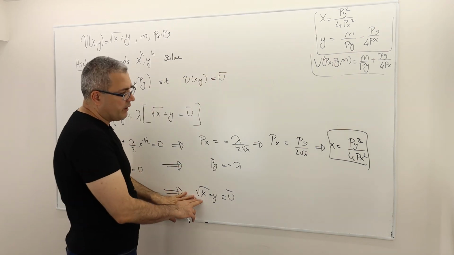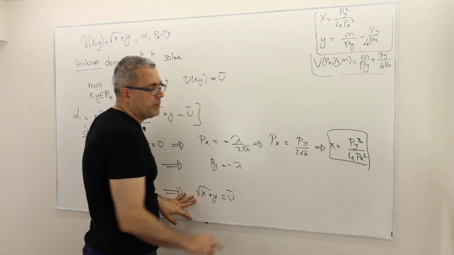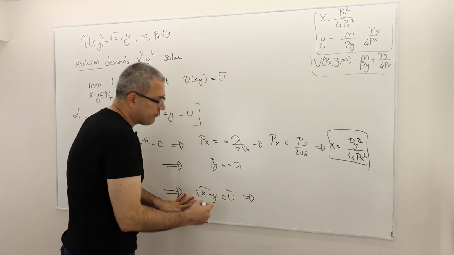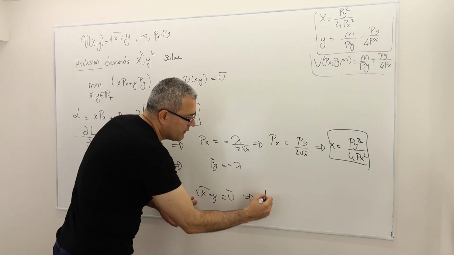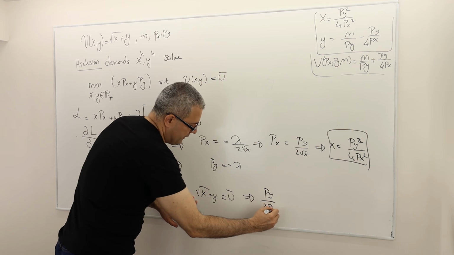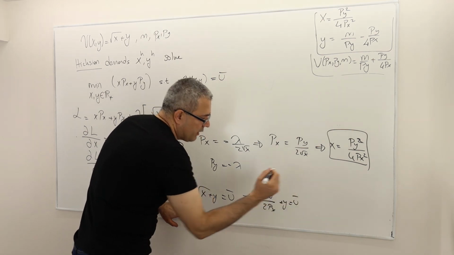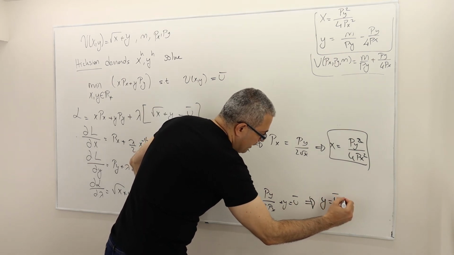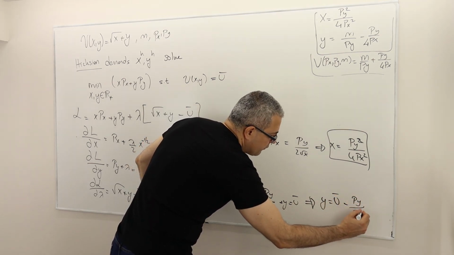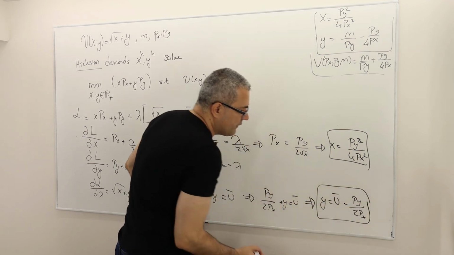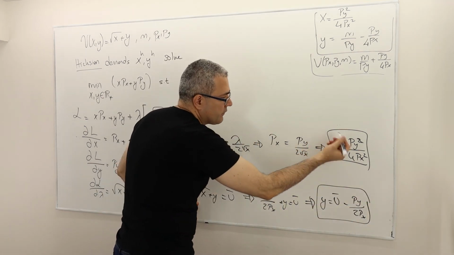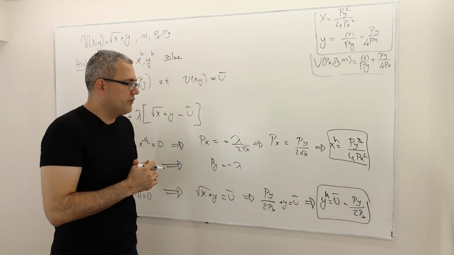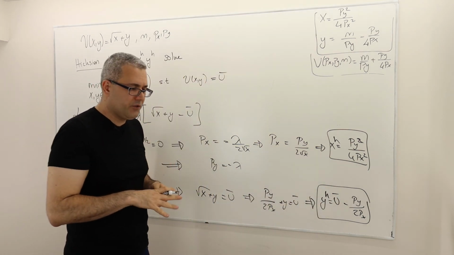Whenever you see x, just plug in py squared divided by 4px squared, which basically implies the square root of this thing means py over 2px, plus y equals u bar. Hence, y is going to be u bar minus py divided by 2px. All right, so this is the Hicksian demand for good x, so xh, and this is the Hicksian demand for good y, yh. Okay, any questions?